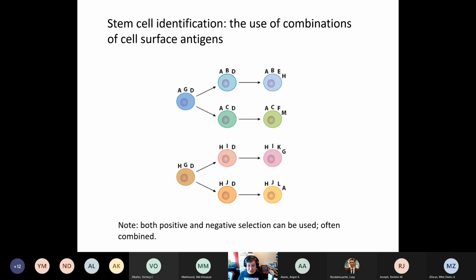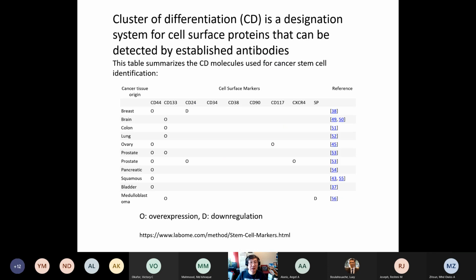That means you define a cell lineage by the presence of the marker and, at the same time, the absence of some other markers, right? That is very straightforward. So that's the principle of cell identification by using combinations of the CD markers.